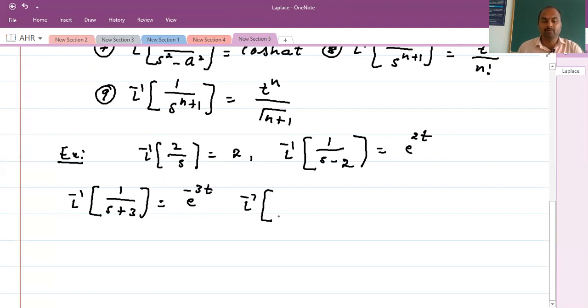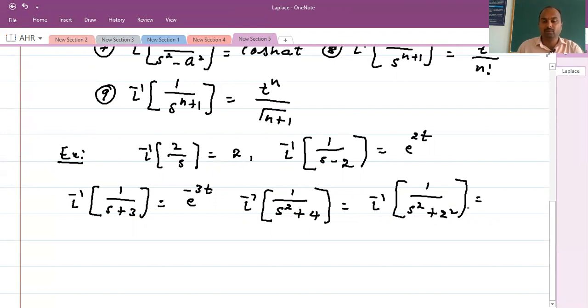The inverse Laplace transform of 1 by s square plus 4, where 4 is 2 square, you can write this as 1 by s square plus 2 square. So therefore, this will be sin 2t by 2.